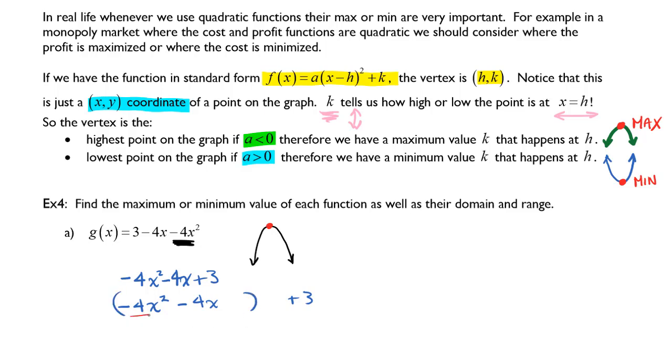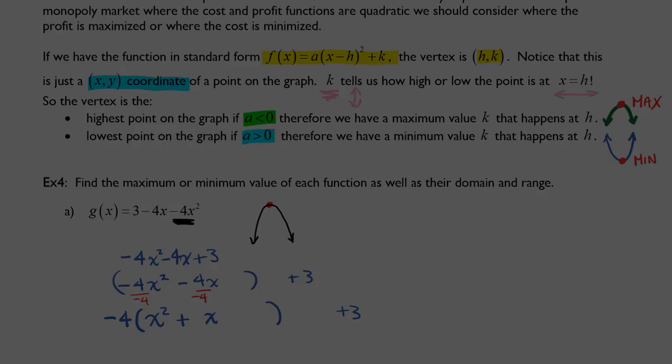I need to factor out a negative 4. That gives me negative 4 on the outside, x squared plus x on the inside, plus 3.